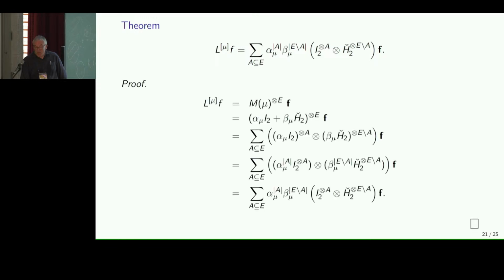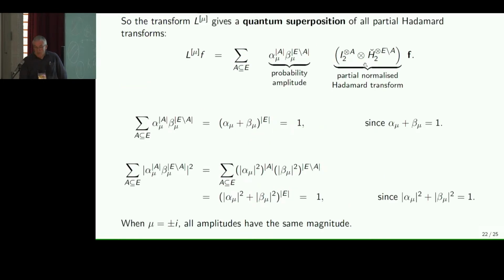And you can show in a few lines, and I won't go through this again, the result I had on the previous slide, that the mu transform, where mu is on the unit circle, is just, I'll call it, a quantum superposition of all the partial Hadamard transforms, because that's precisely what it is.